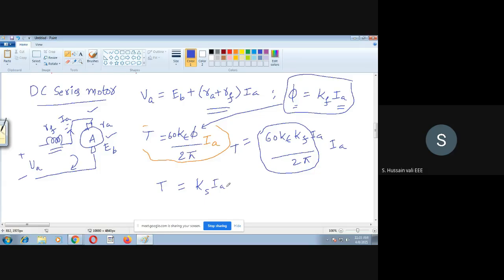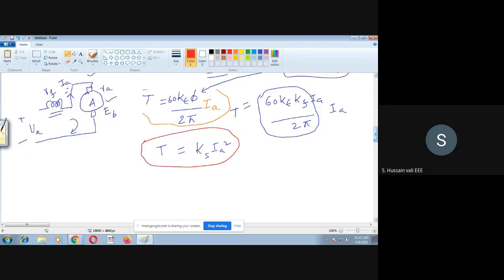So T is equal to Ks into Ia square. This is the relationship we got between torque and current, where Ks is the constant.